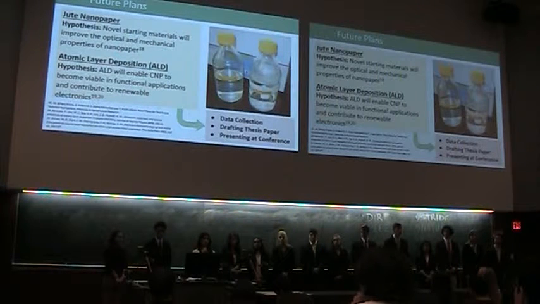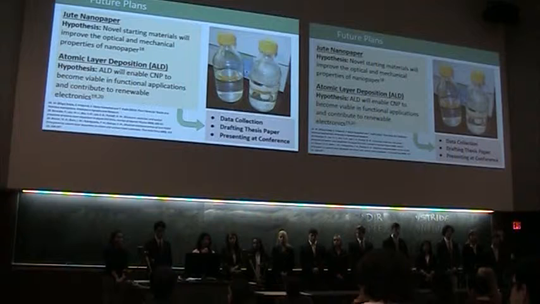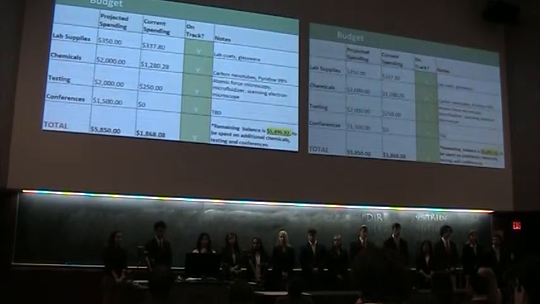Then into the summer of 2016, we'll begin drafting our senior thesis paper with the data we collect from the spring. And hopefully in the fall of 2016, we'll be able to present at a conference.